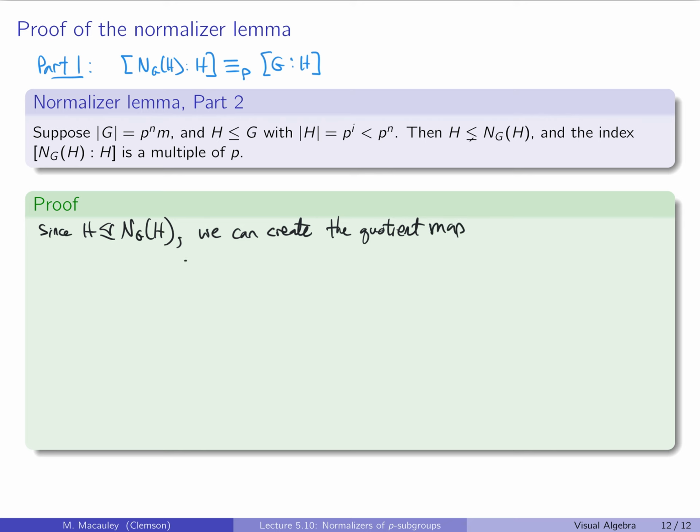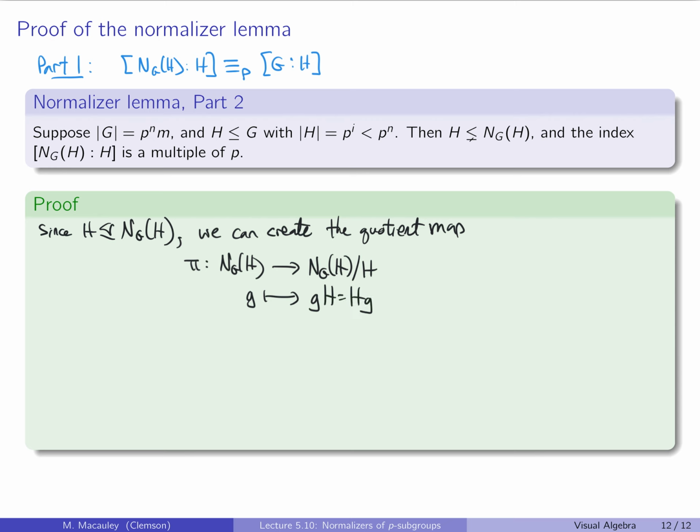So let's call that pi and send the normalizer to the quotient by H. In other words, that's just going to send an element g to a coset gH, which is equal to Hg because H is normal.